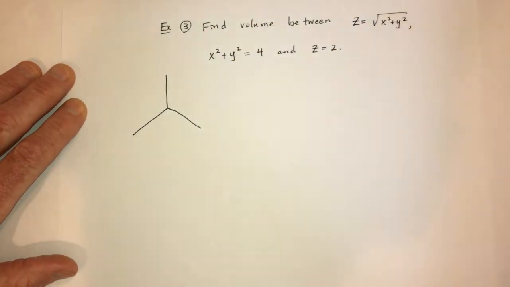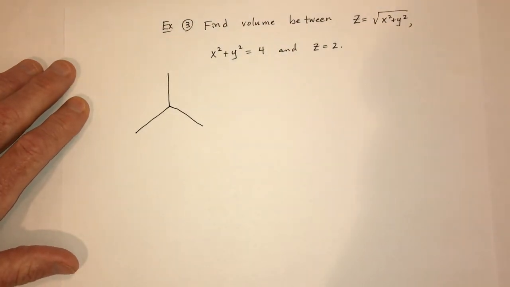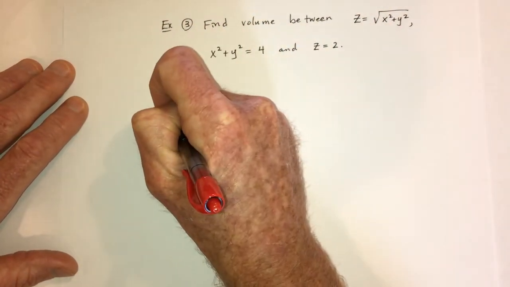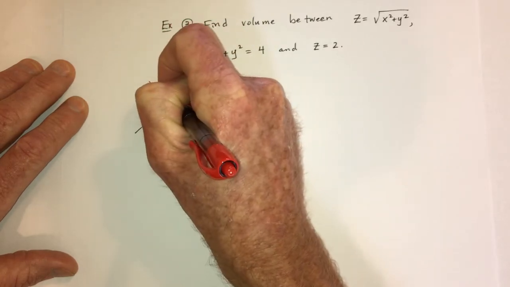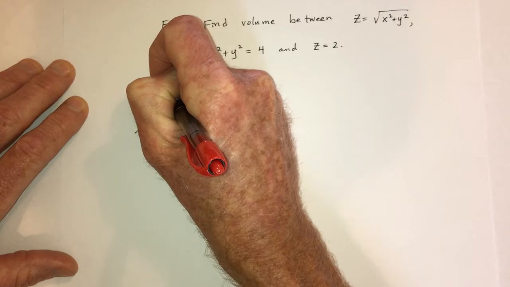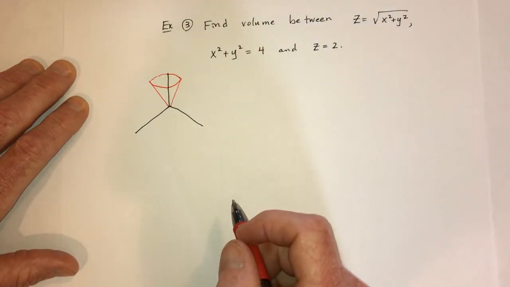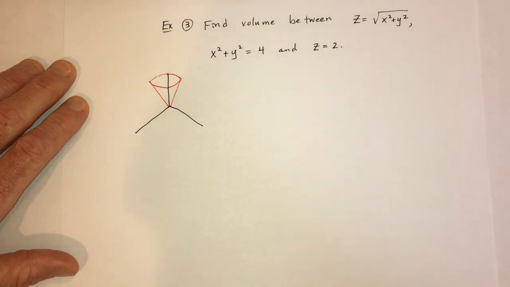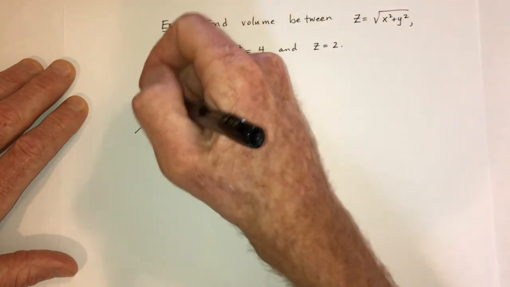So there's a cone, which goes like this. Nice circular top on the top of the cone, but the edges go straight up. And then there's a right circular cylinder with a radius of 2.